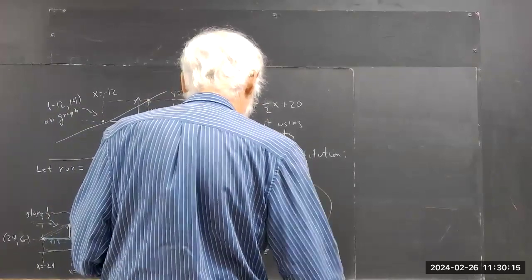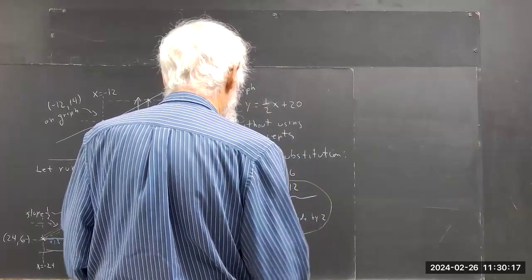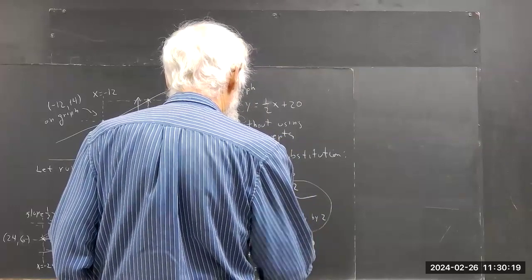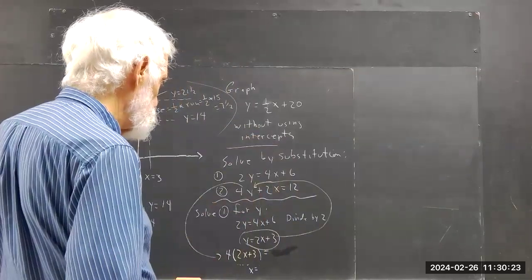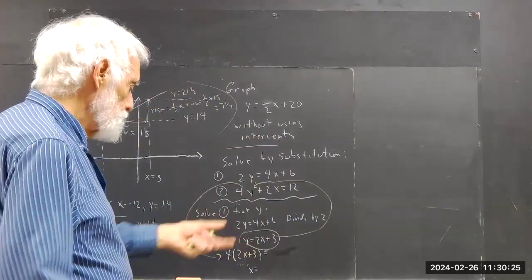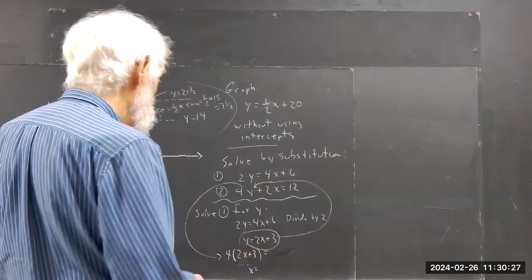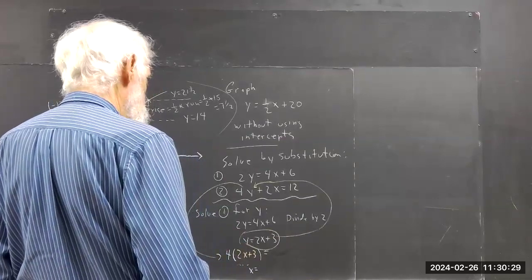That was not working out because I wrote down the incorrect right-hand side. I wrote this right-hand side, and I had that 4x plus 6 in my eye, and I wasn't being careful.